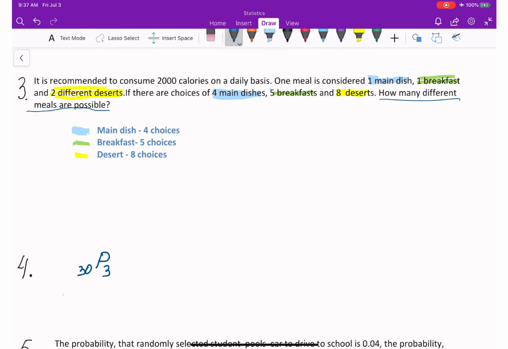But as to when you choose, it doesn't matter, right? The order in which you make your choice about dessert or about the main dish first, it doesn't matter. So at this point, we are going to use combination. If order does matter, then we would use permutation.